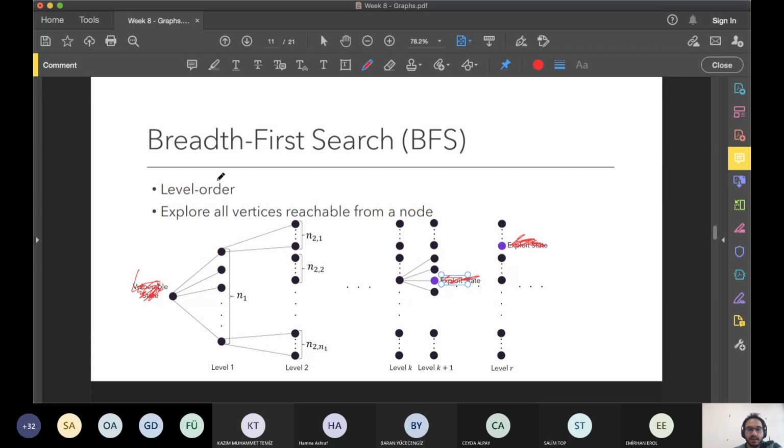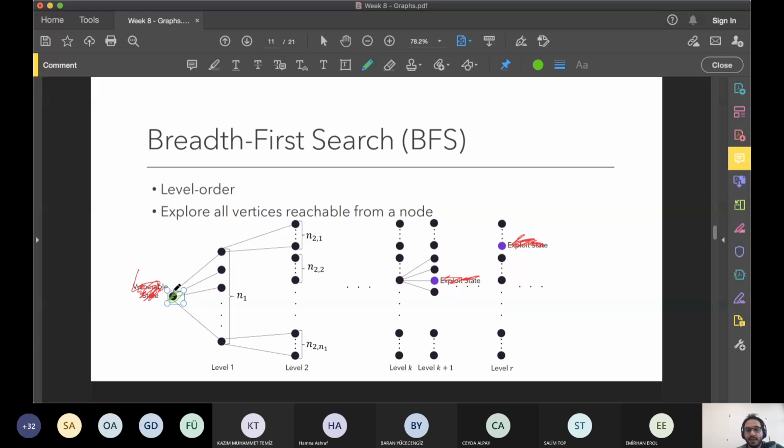So in the level order search, guys, we explore all vertices reachable from a node. And to do that, we go level by level. If I'm on this state, okay, guys, and I would like to explore all vertices, I would like to see all the vertices that I can visit from this state.